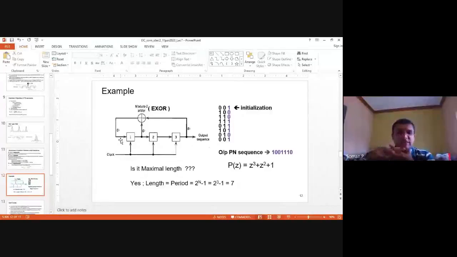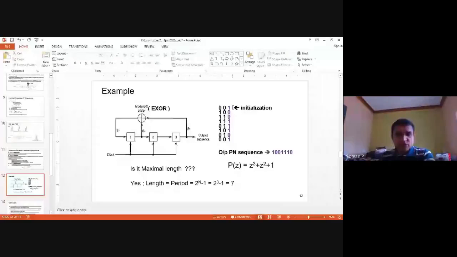So initialize with any value that you want. Let's assume that we have initialized this with 0, 0, 1. So the output of flip-flop 1 is 0, this is 0 and this is 1. Now with the next clock, what will happen? The inputs to this XOR are 0 and 1.